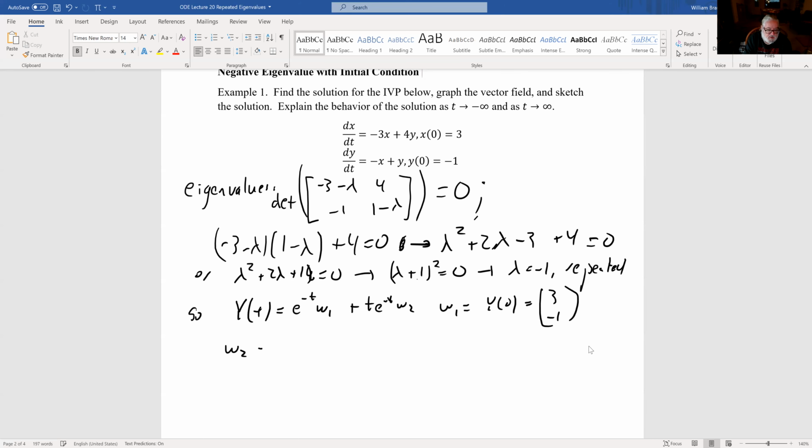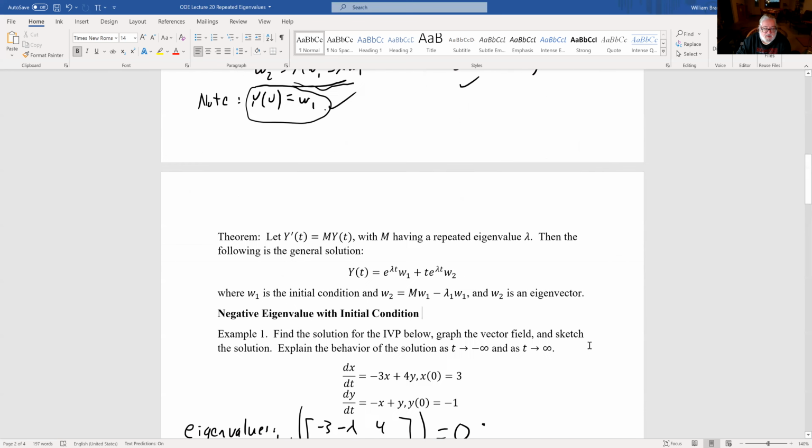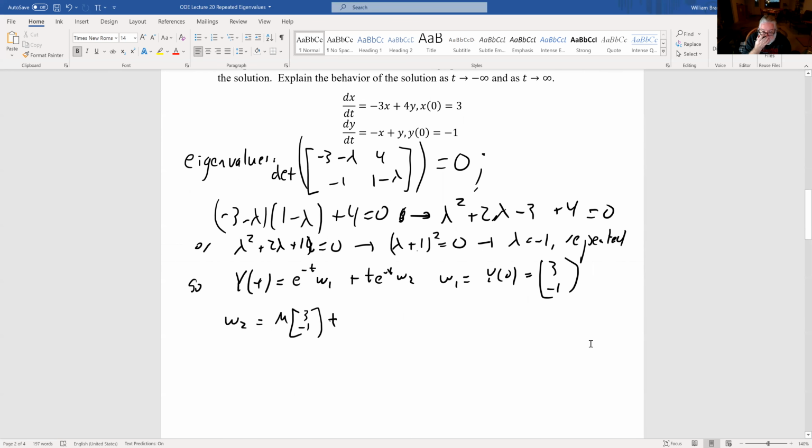And w2 equals m times w1 minus lambda times w1, except lambda is -1, so it's going to be plus (3, -1). And our matrix of coefficients is (-3, 4; -1, 1).